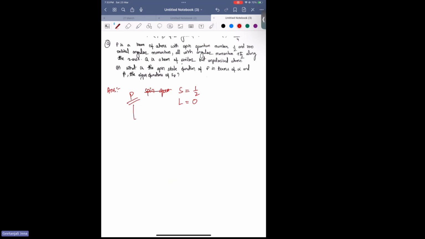So the atoms that constitute the beam P have angular momentum plus h cut by 2 along the x-axis.